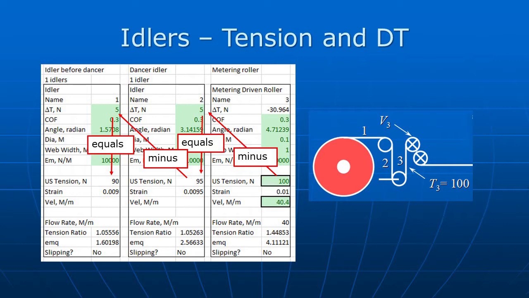And so that tension minus the idler drag is equal to the tension in span 2 in this case, and then span 2 tension minus the drag of the idler at the end of span 1 gives you span 1 tension. And so the formulas in here are simply chaining together tensions from the metering roll upstream, because that master roller, metering roller, is pulling the web off of the parent roll.